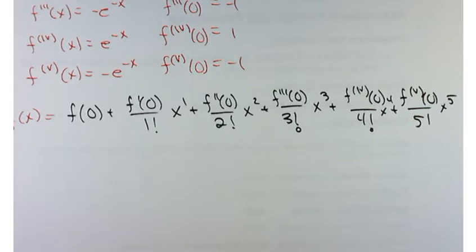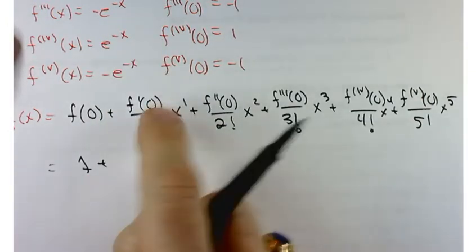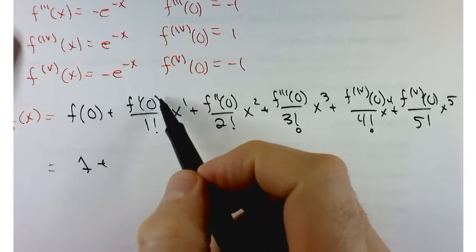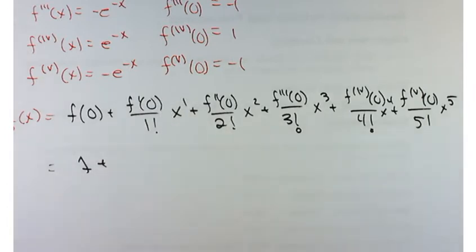Let's put in some numbers for these and see if we can't simplify them. f of 0 was 1 plus negative 1 over 1 factorial. So that'd be, well, instead of a plus there, let's just write a minus.